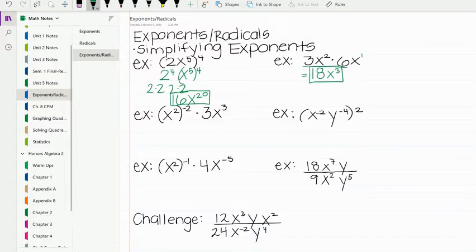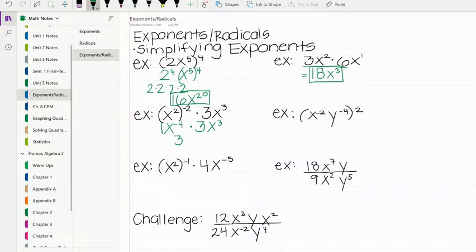Now this next one, we have some parentheses, so we'll deal with that first. We have x squared to the negative 2, so this would become x to the negative 4. And then we just have times 3x cubed. First I'll deal with my numbers. Technically there's a 1 in front, so I have 1 times 3, which is 3. Now I'm multiplying the exponents, so I really add them.